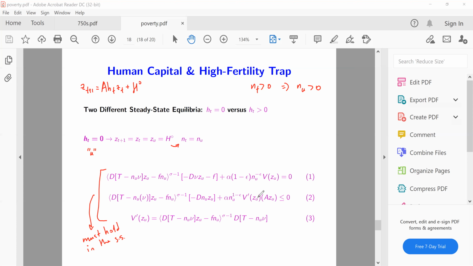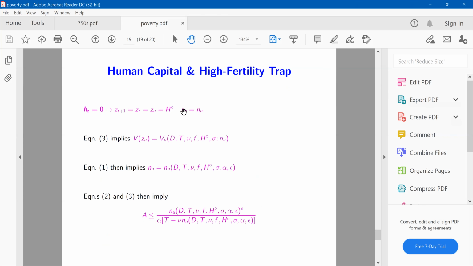Now, it looks a bit complicated, but it's not actually. So using these equations, you can do what?